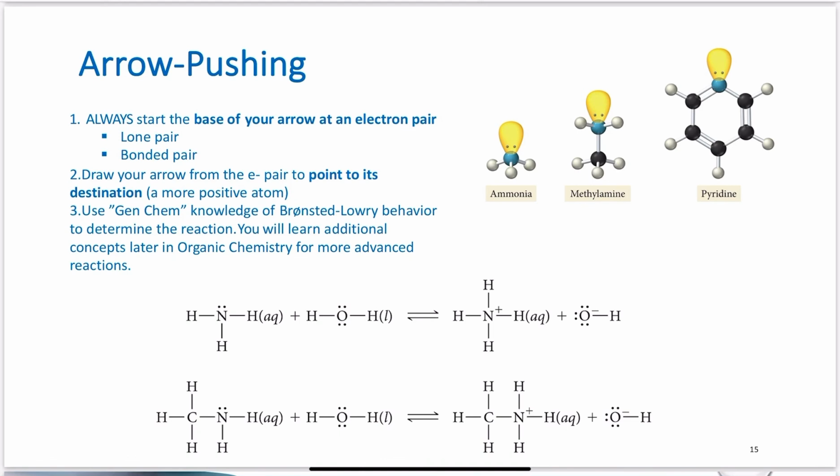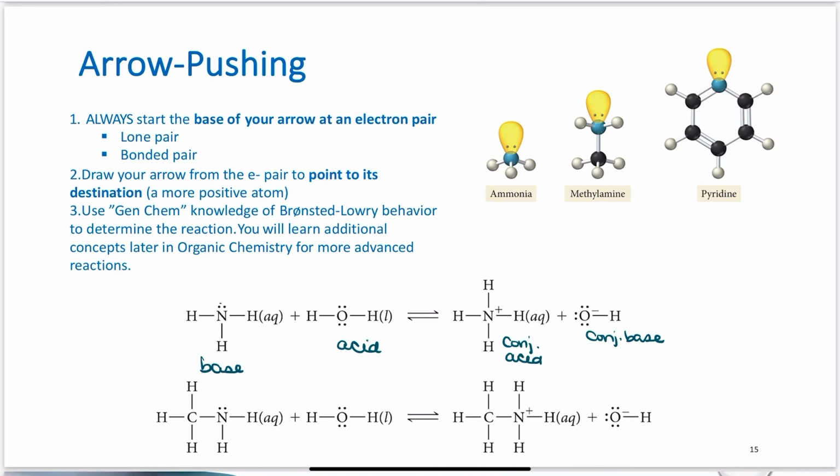How is arrow pushing working? Arrow pushing is basically you're showing how those protons are transferring. So in this case, I see that I've got a base here in the form of ammonia, and therefore, water's acting as an acid. This is my conjugate acid. This is my conjugate base. What that means is that the water lost a proton to the ammonia.